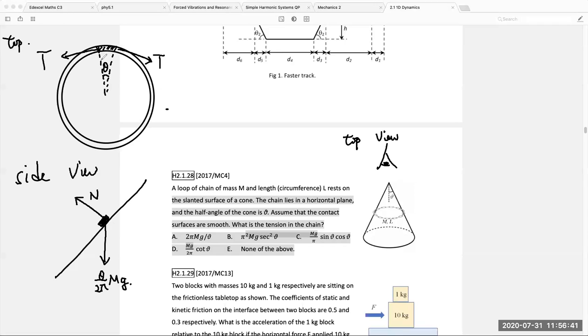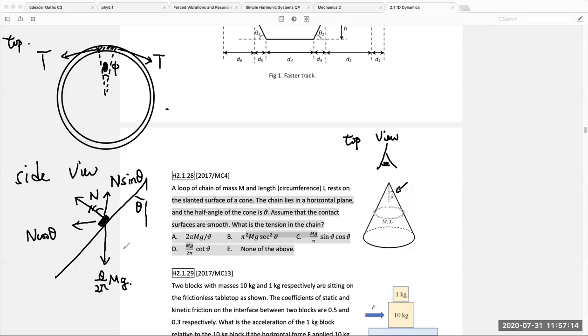Oh, I shouldn't use theta here because there is a theta already. So let me use the phi, okay? If you decompose a normal reaction into 2 parts, this is theta, and that means that this one should be 90 degrees minus theta. This is N cosine theta, okay?